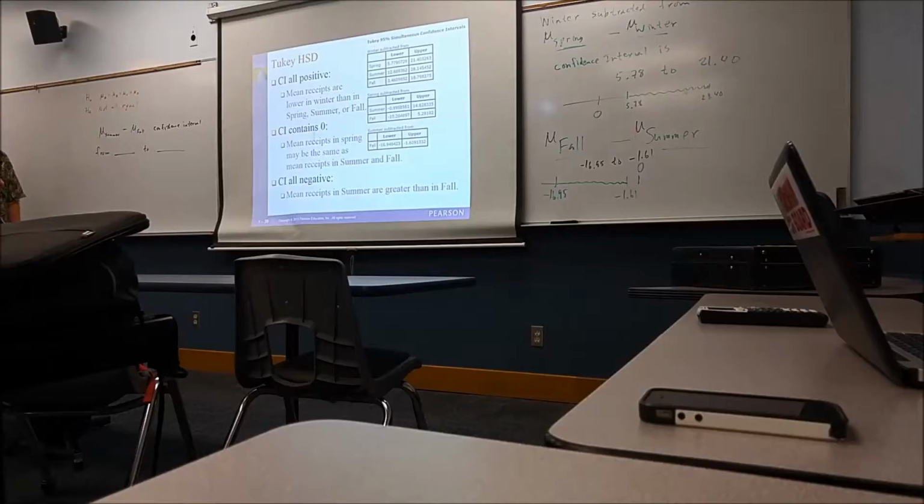Anyone want to take a guess at that? Okay, out of summer and fall, we determined that summer is significantly larger than fall, so that's got to be two positive numbers. Okay, so you got to be both positive. But what numbers would we choose?